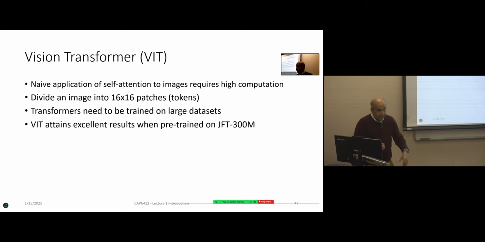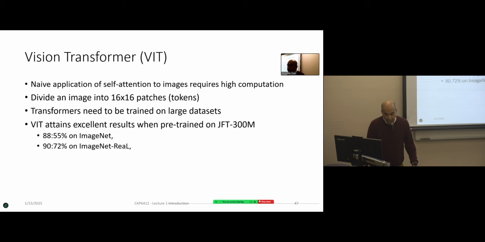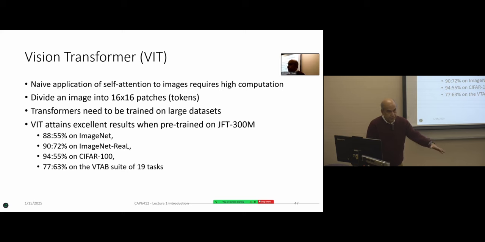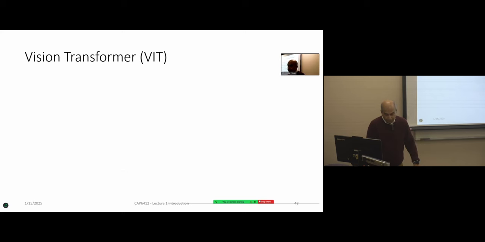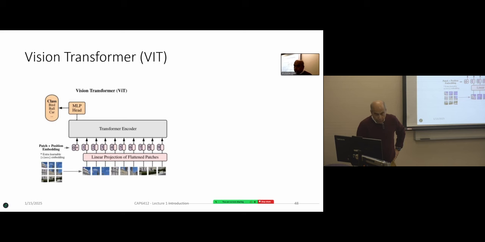Now we have billions of images also, and receive very good results, like on ImageNet 88.5, ImageNet Real, CIFAR, and all those other things. That was the first demonstration that transformer works for vision, because transformer was very successful for language.